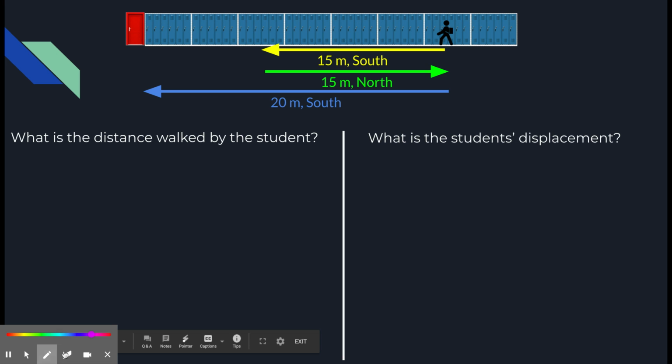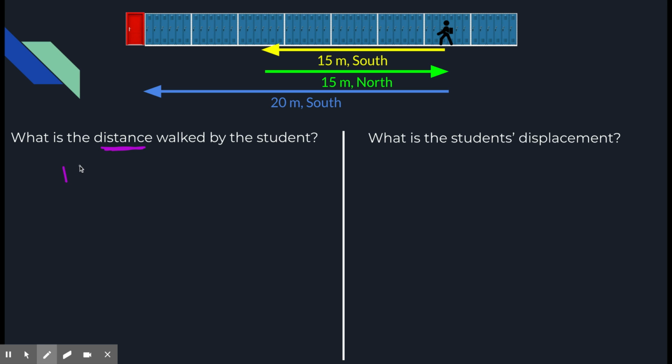Okay, so what is the distance walked by the student? Distance is basically the total surface that the student has covered. It has absolutely no impact by direction.